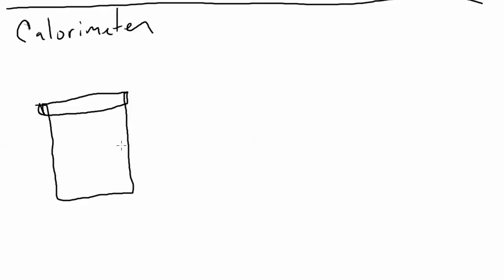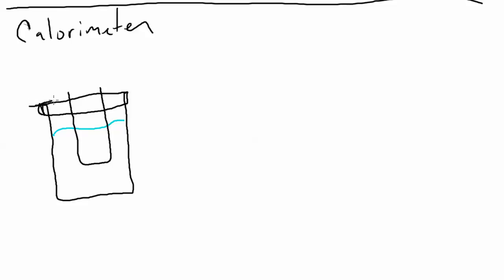Then you would fill it with water. And then you would put another vessel in the water. This could be just a metal container or something like that, and that's where you would run the reaction.